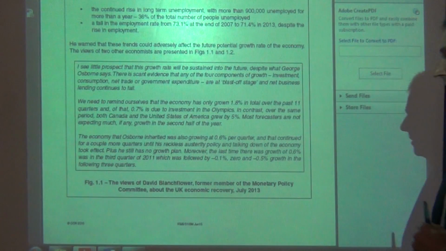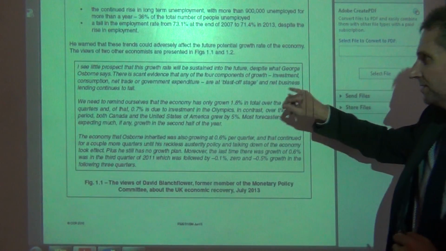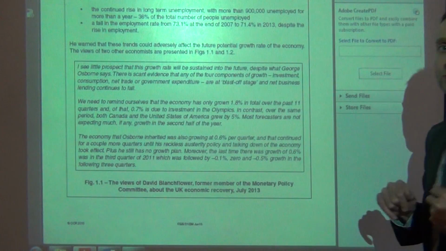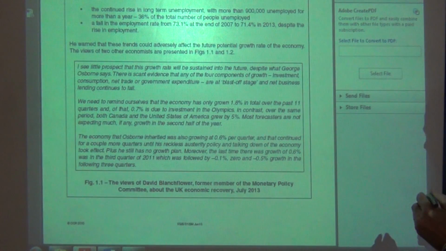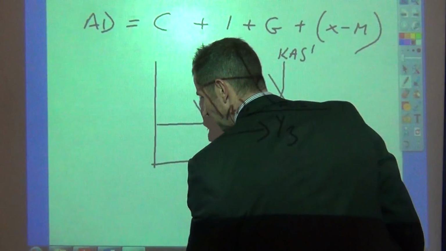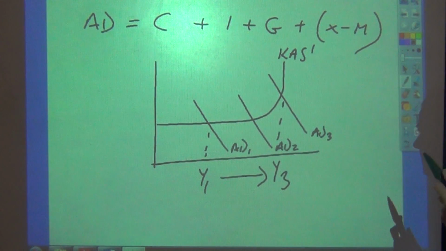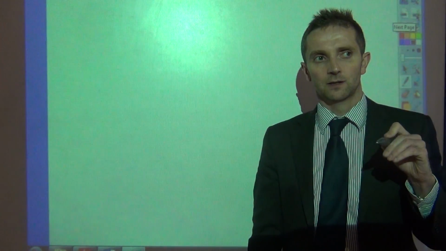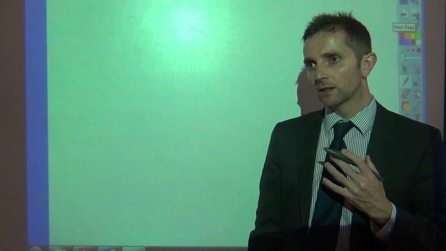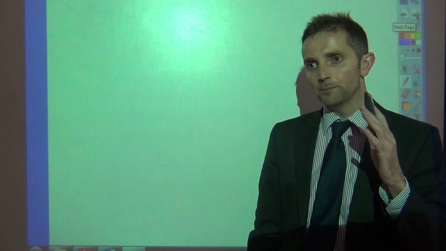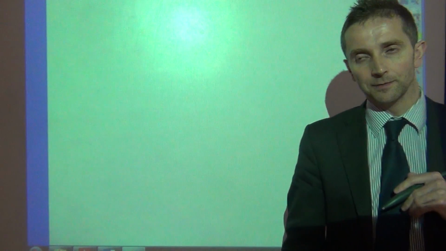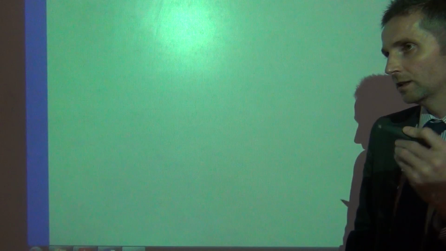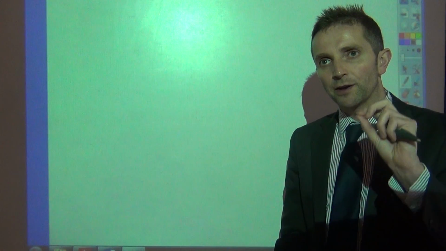And at the end of that particular paragraph it says, net business lending continues to fall. Now this, once again, ladies and gentlemen, is an interesting point. Businesses need to borrow money for the I component of AD. Now, as you know, I, in terms of AD, is investment by firms on capital goods.